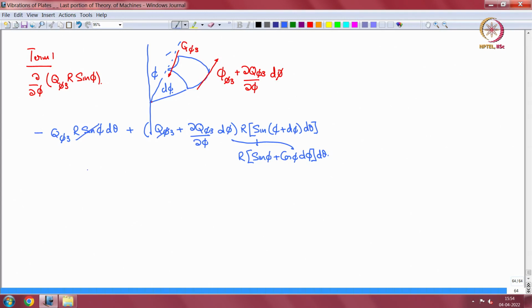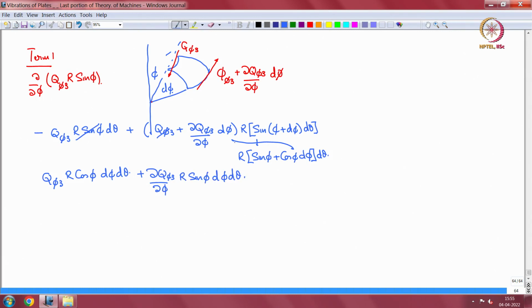Then I have q phi 3 r cos phi d phi d theta plus del q phi 3 by del phi r sine phi d phi d theta.